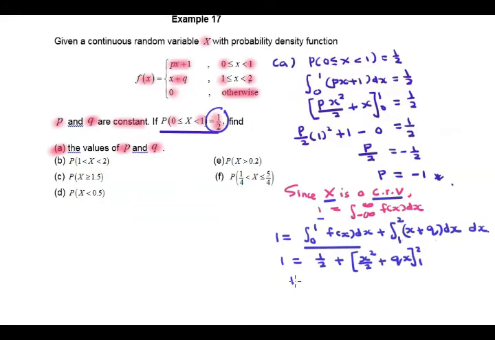Substitute the limits. We have 1 over 2 plus 2 squared over 2 plus 2q minus 1 over 2 plus 1q.